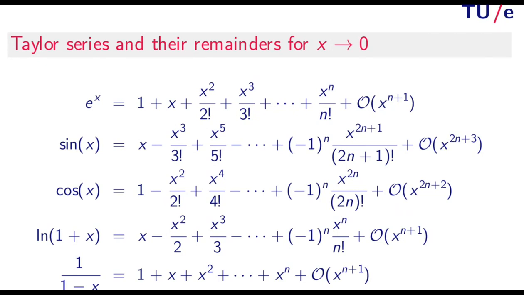The sine of x we can also approach using the first part of the Taylor series up to the term with x to the power 2n plus 1, and then the remainder will be big O of x to the power 2n plus 3. That means that the error that we make is at most a constant k times x to the power 2n plus 3 in the neighborhood of 0. Similar approximations we have for the cosine, the ln of 1 plus x, and 1 divided by 1 minus x.